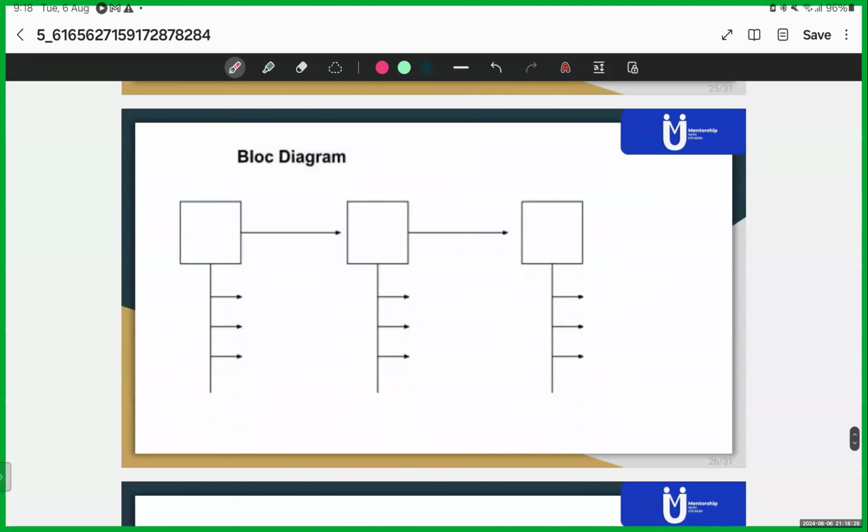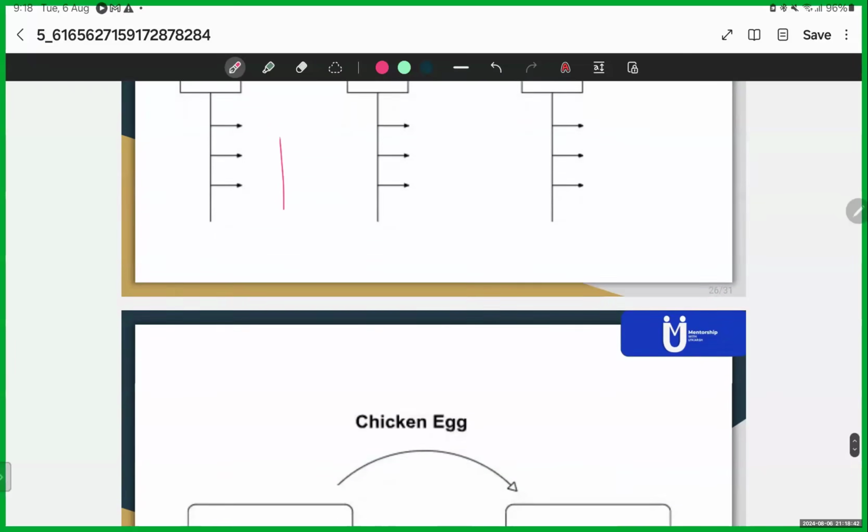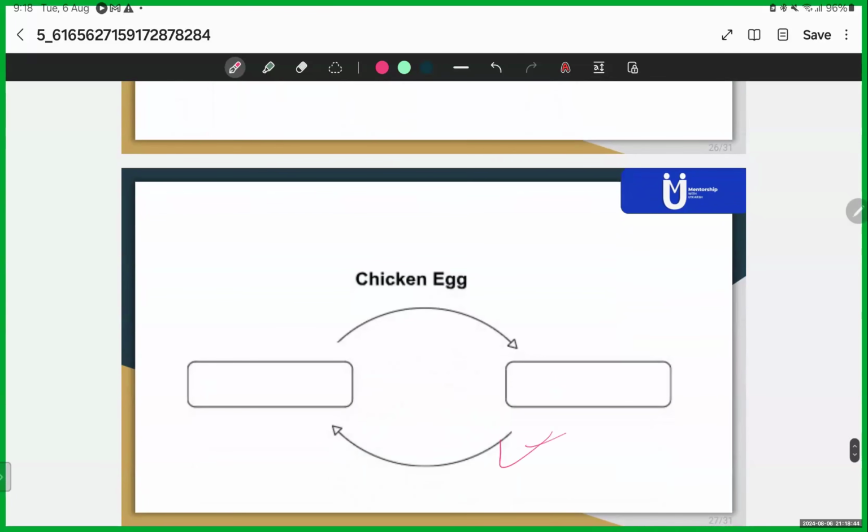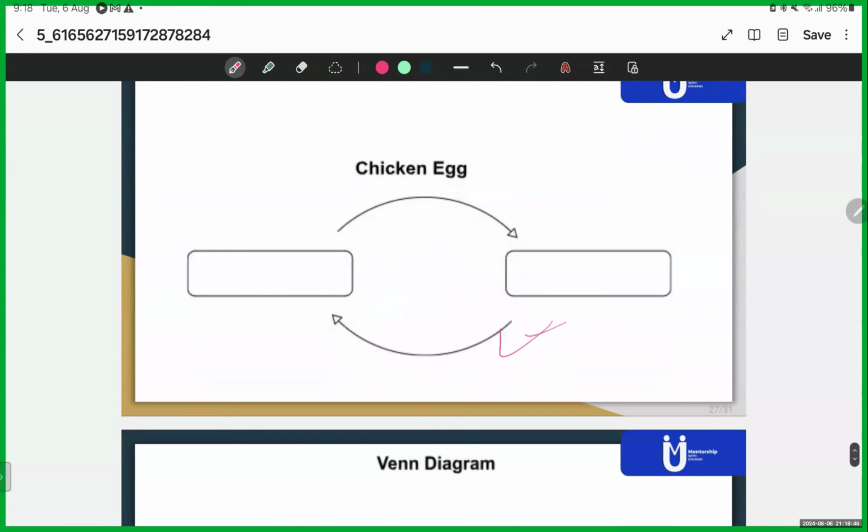Then block diagram. You have n number of things to mention. Okay. Compare, everything, merit, demerit, neutrality, you can explain like this. Chicken and egg was already explained in one of the questions.